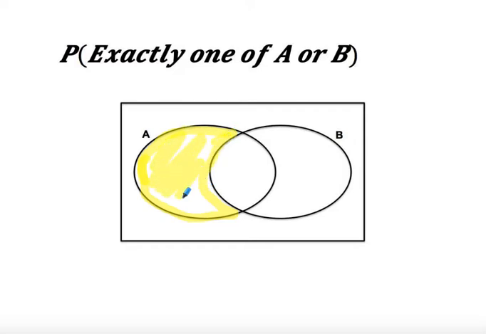Just quickly shade that in. Or B and just B alone, so that is just this region here. That is what we mean from the Venn diagram, the regions we're talking about when it's exactly one of them, A or B but not both. So we're again excluding this intersect.